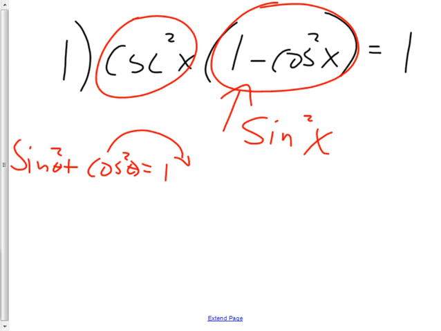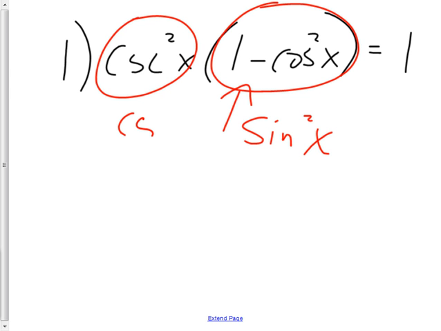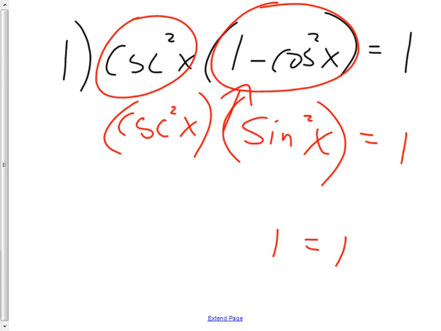And now here's how I would show my work. That's sine, this one's still cosecant, and I'm multiplying them together. And from here, I'd be fine with you just, since those are reciprocals, jumping to 1 equals 1. I'm a reasonable person. Okay, so that's just one step to me, because these are reciprocals of each other.